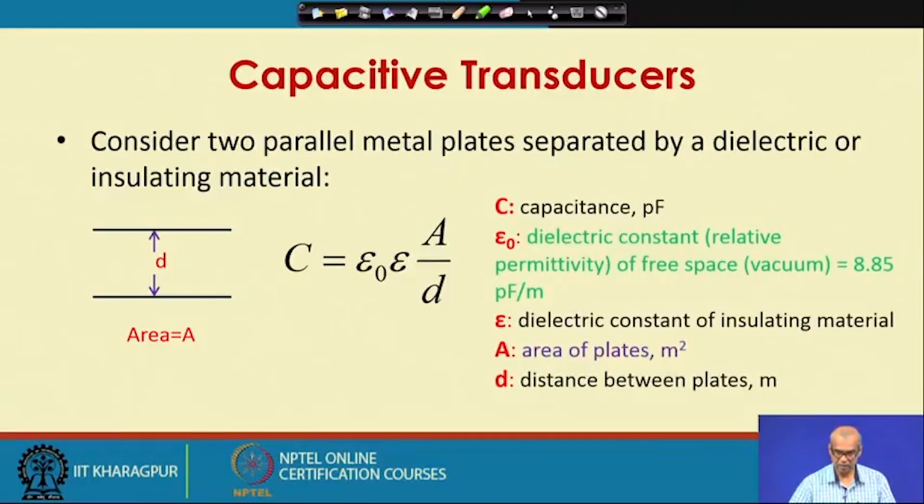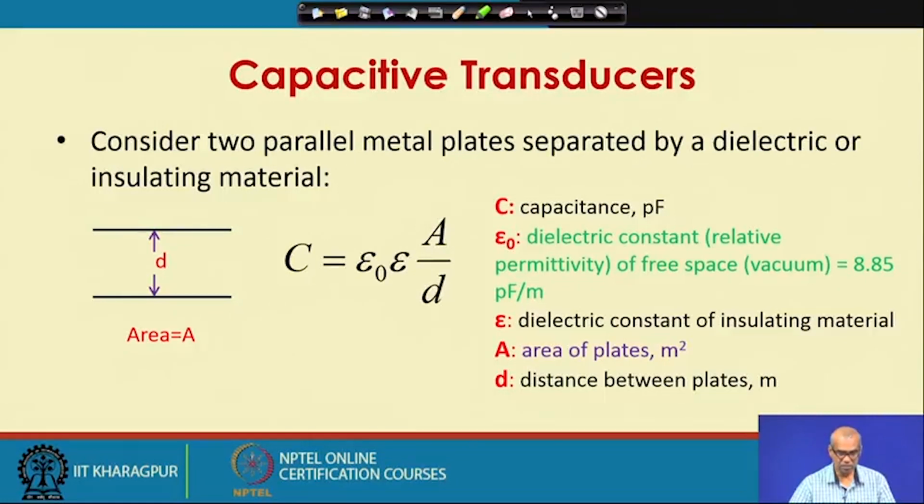where C is capacitance in picofarad, epsilon 0 is dielectric constant or relative permittivity of free space or vacuum. It is 8.85 picofarad per meter. Epsilon is dielectric constant of insulating material. A is area of plates expressed in meter square, and d distance between plates meter.